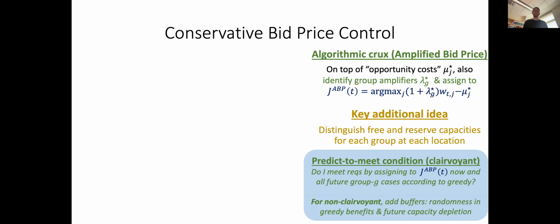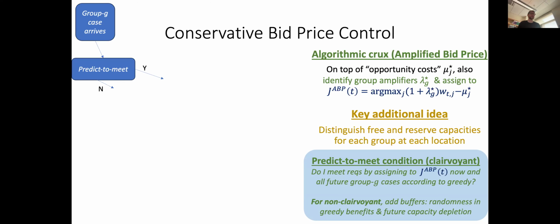So with these two ideas, the conservative bid price control proceeds as follows. It observes an arrival of some case of a given group, and it looks at whether or not this predict-to-meet condition is satisfied.